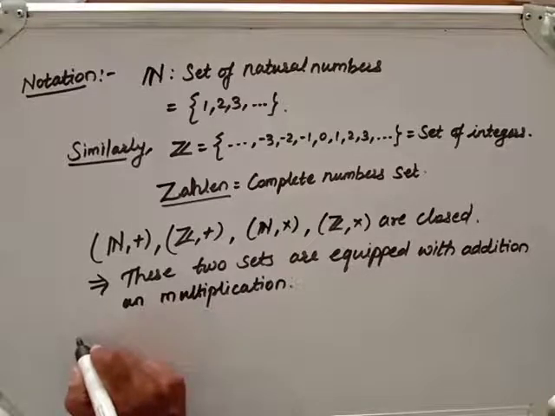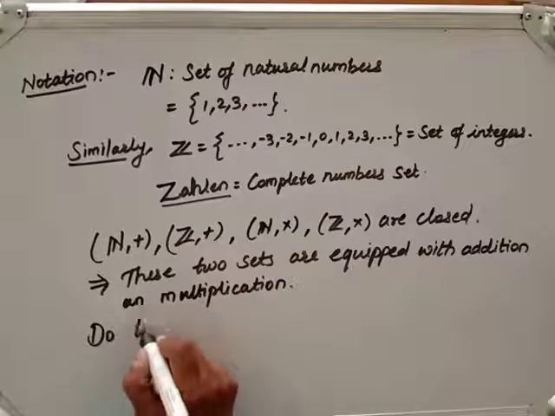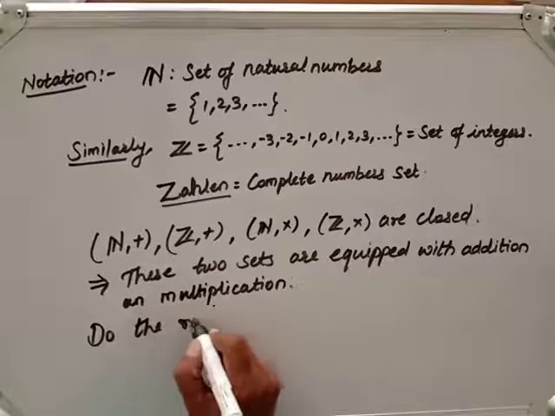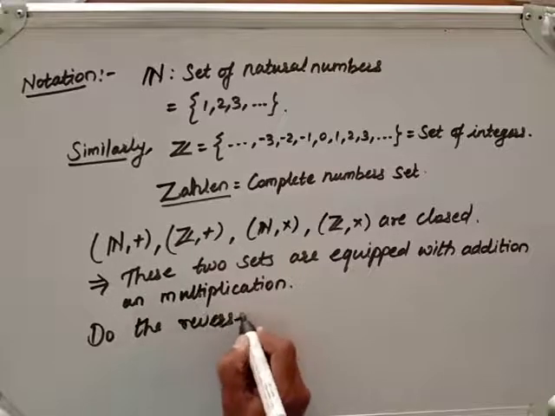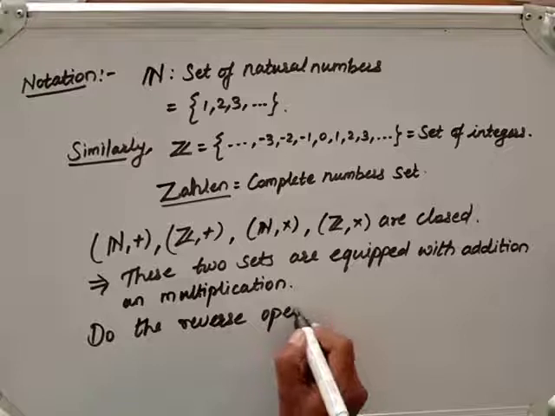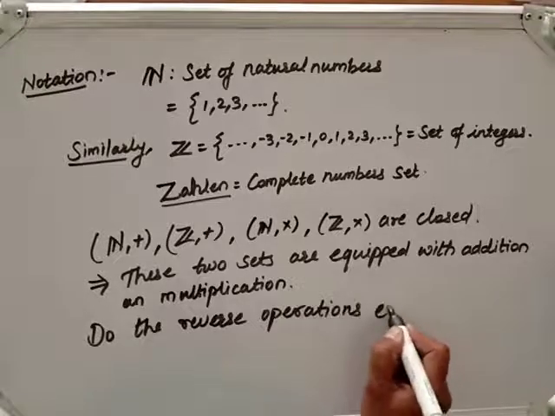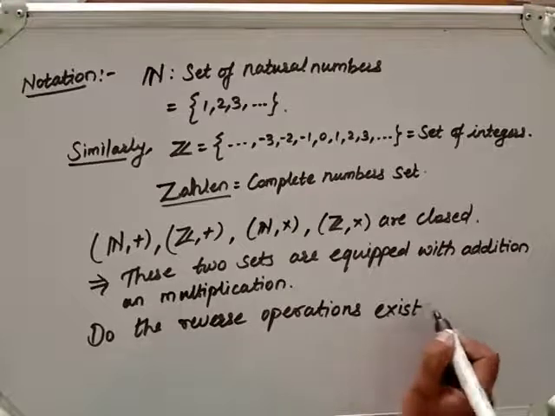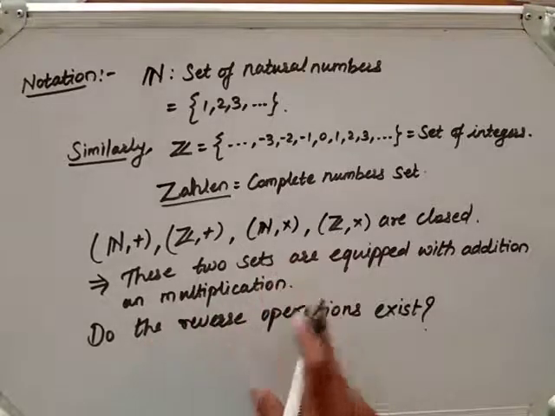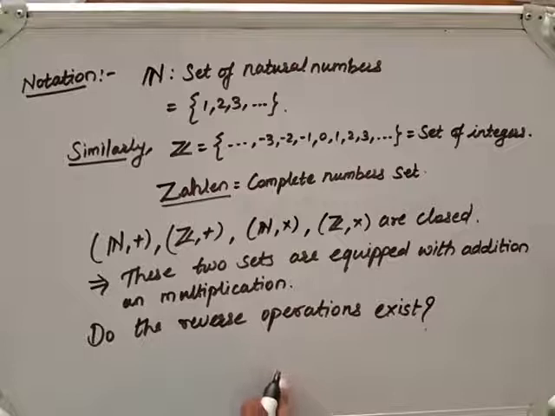Now the question arises: do the reverse operations exist? Reverse operations mean, for addition the reverse operation is subtraction, and for multiplication the reverse operation is division.